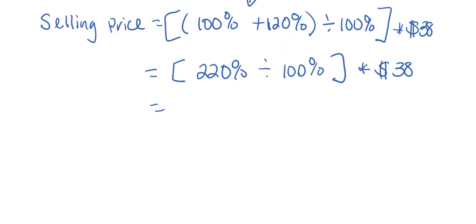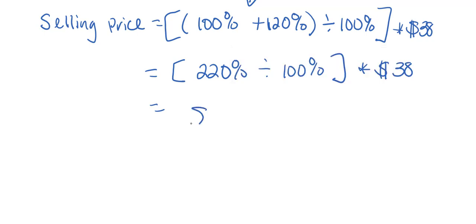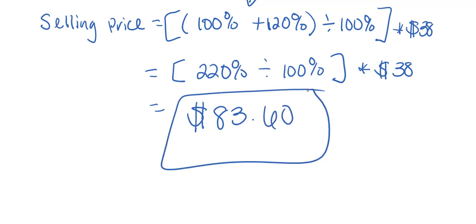Anytime you divide by 100%, you're really just moving the decimal over 2 places. So we're going to get 2.2, but let's just do that real quick to show you. So 2.2, then we multiply it by 38, and what do we get? Well, we get $83.60. Remember, this is money, so we're always going to round to the nearest hundredth.